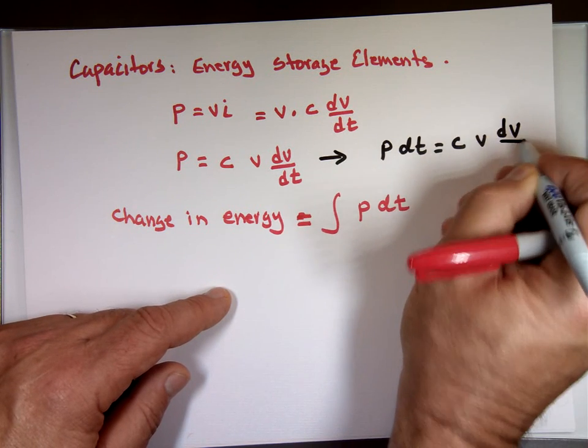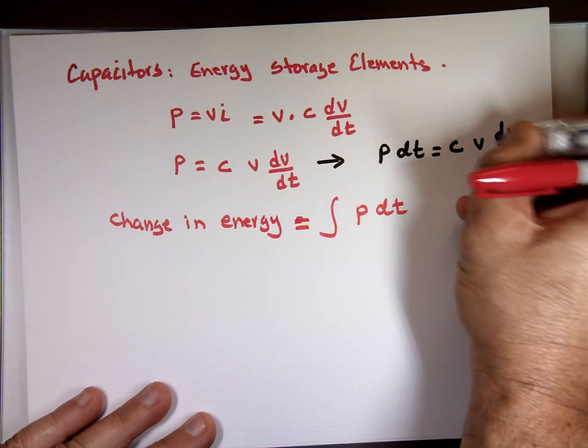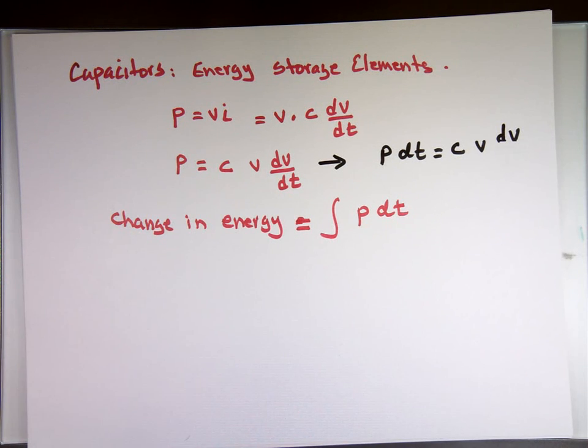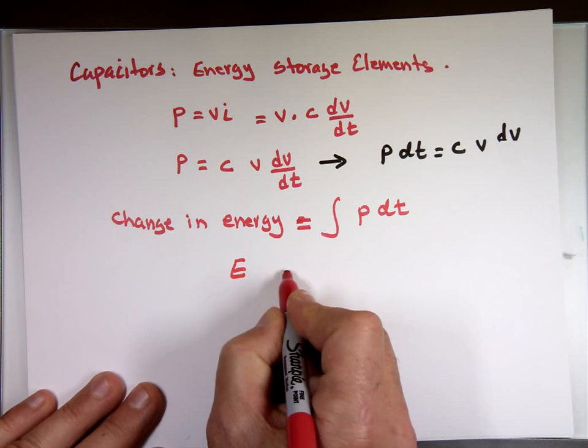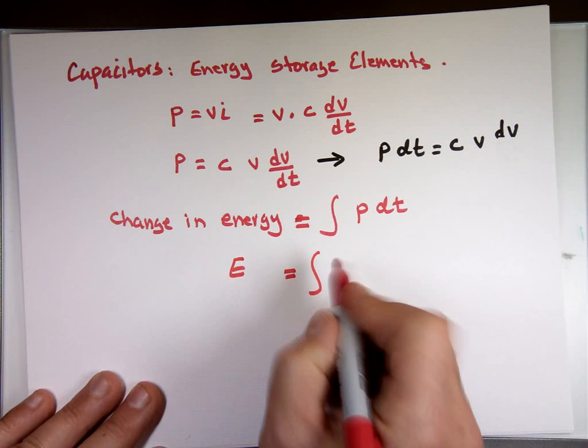The dt is gone. So the energy is equal to the integral of p dt. Well, what is p dt? It's C v dv.